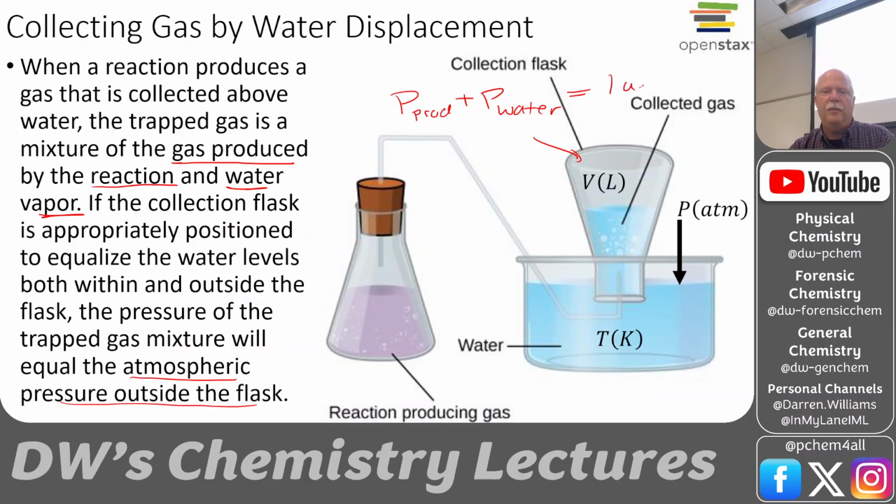So we'll assume it's 1 atmosphere. And so a lot of times we have to look up that vapor pressure of water at the temperature of our room, whatever the lab is, and we subtract that vapor pressure to get the true pressure of the products that we're producing. And we'll do a problem with that at the end of this lecture today.